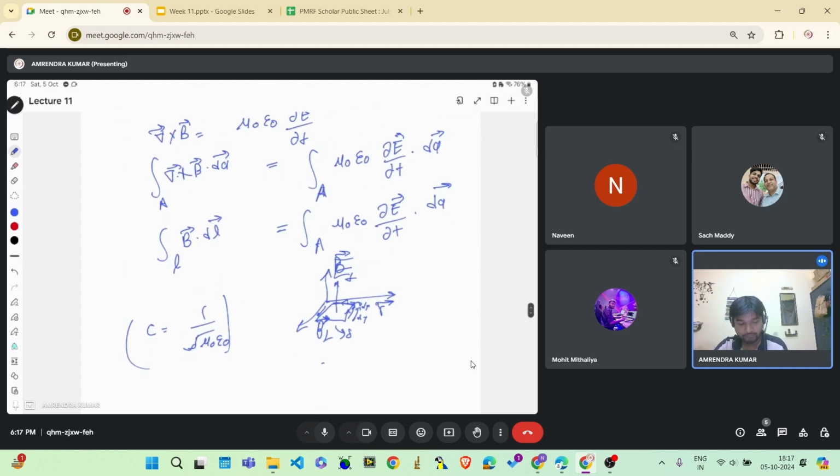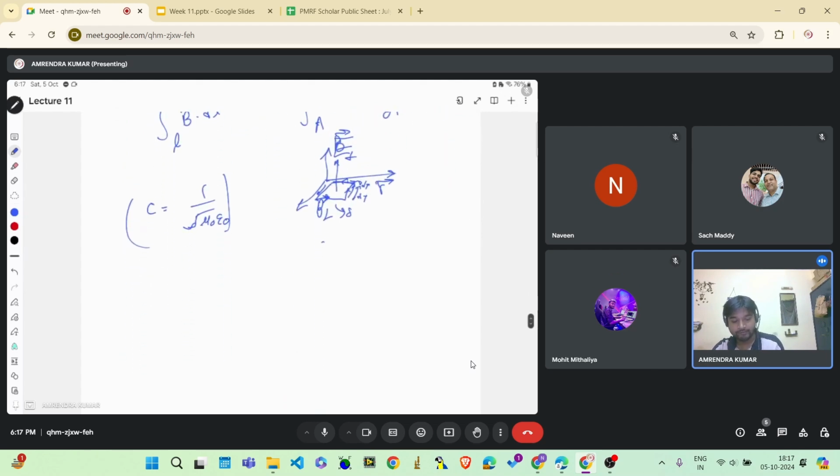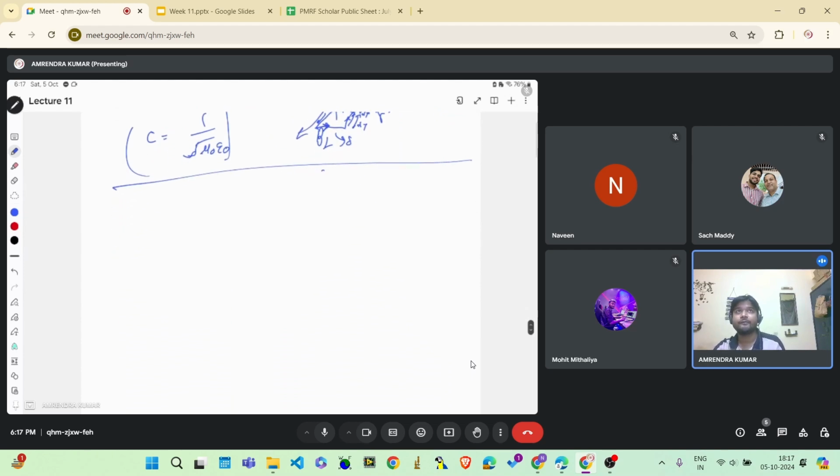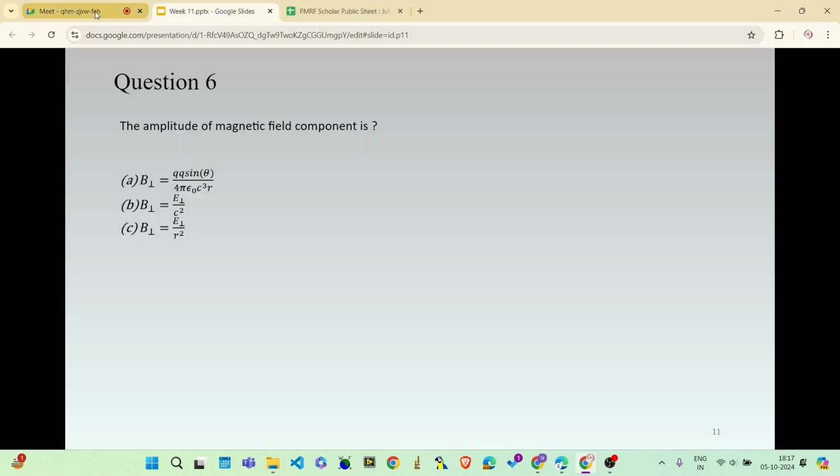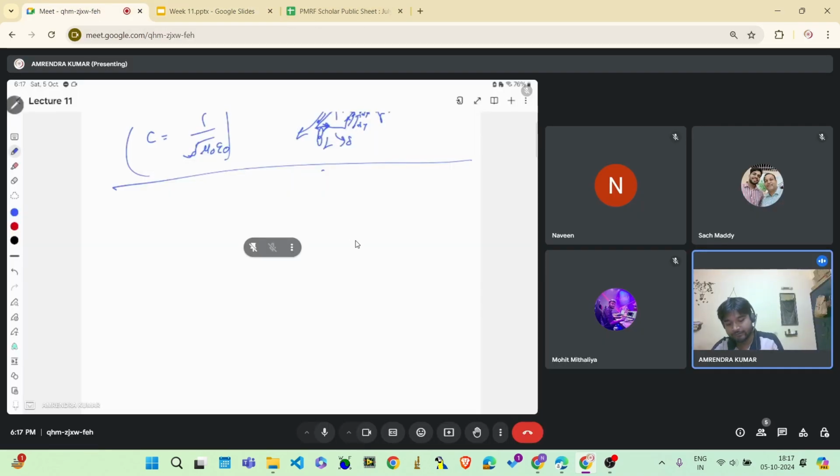When you do this, we can calculate the magnetic field. Magnetic field was B perpendicular is equal to E perpendicular over C. So first we calculate that.